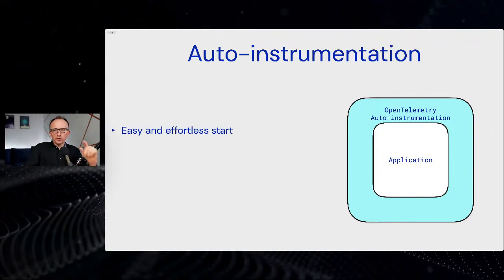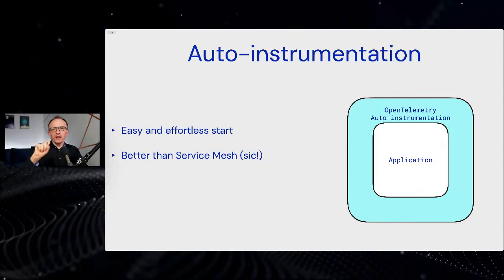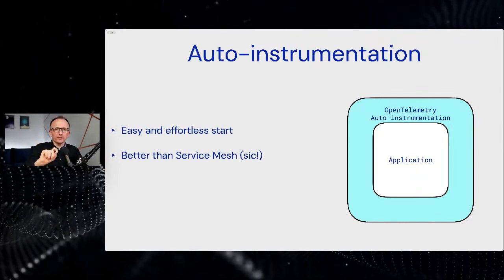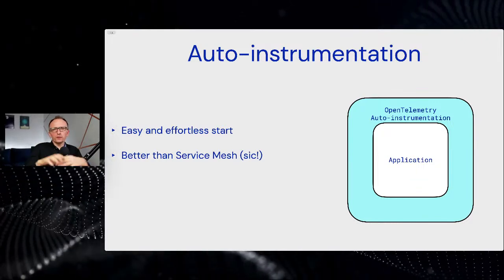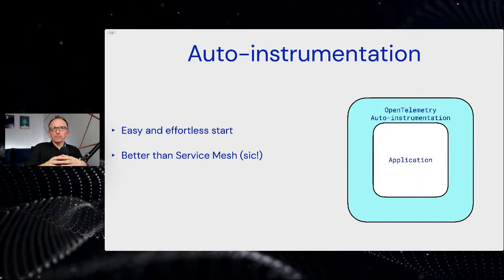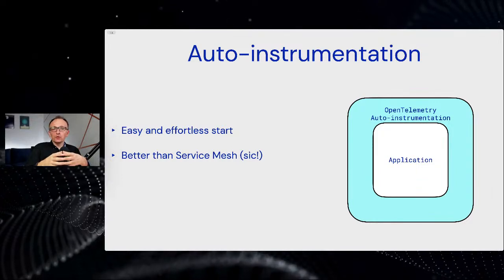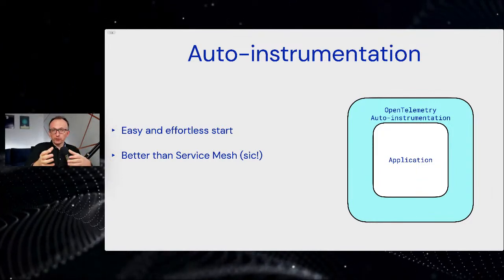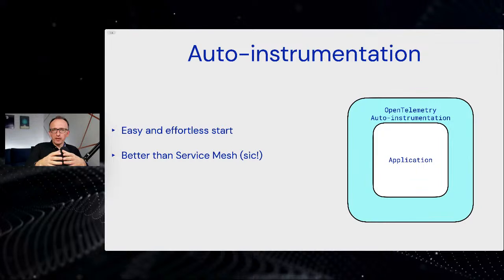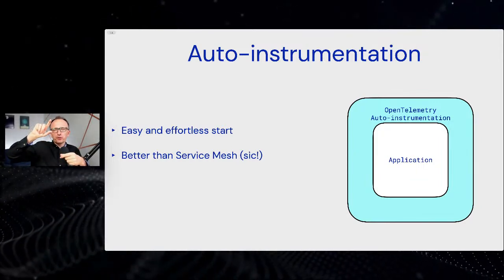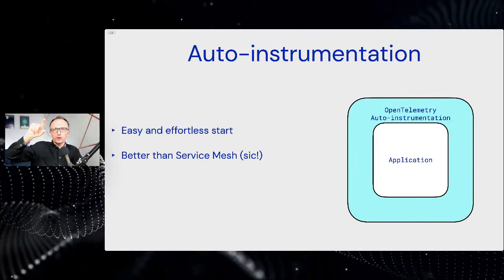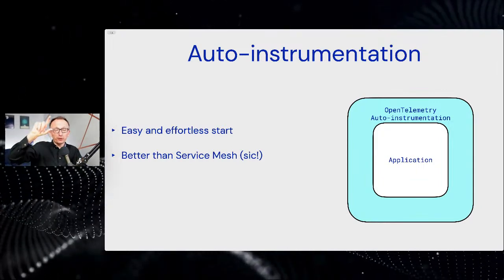That's just awesome. And I believe that it's far better having this auto instrumentation. It's far better than getting signals from service meshes. Yes, service meshes operate on a high level, particularly for web applications, they operate on layer 7.